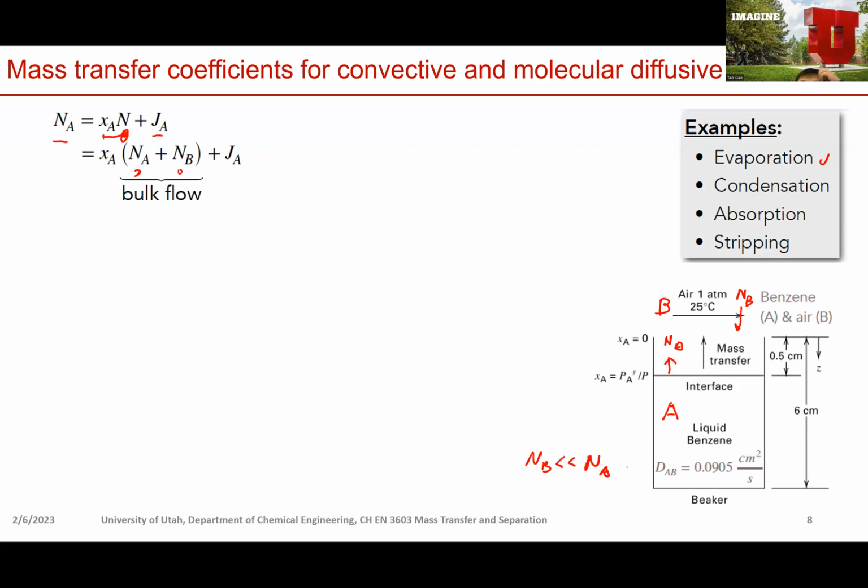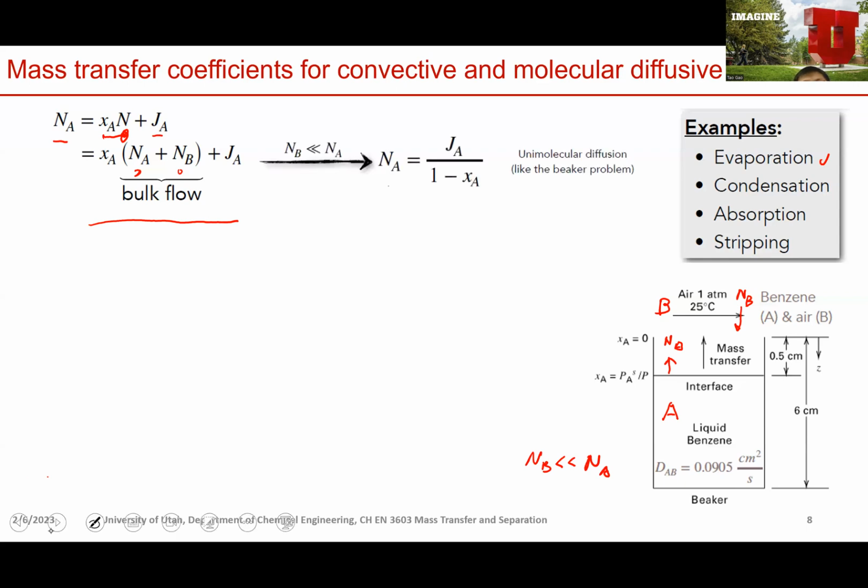Okay, so for this type of problem, we can further simplify this equation here. Because NB is much smaller than NA, if we drop NB, then we'll have NA on both sides of this equation.